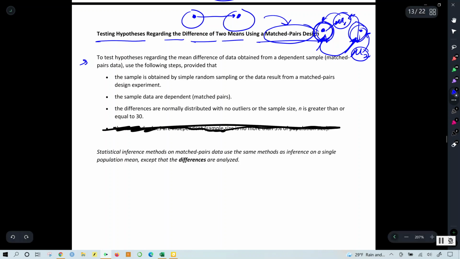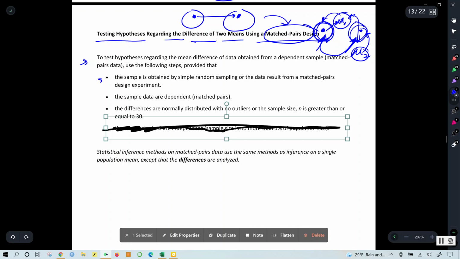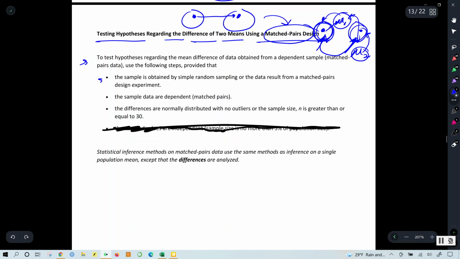To carry out a matched pairs design, you need the following conditions to be met. One, the sample that will be drawn from each of the populations must be obtained by simple random sampling, and the data must result from a matched pairs design experiment. Of course, that will lead to the sample data being dependent.